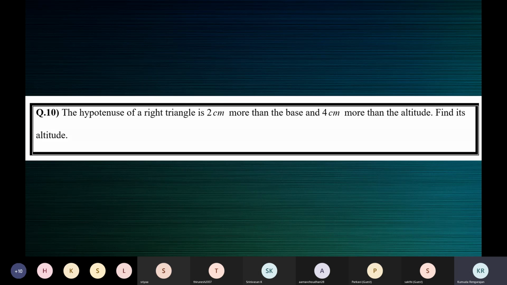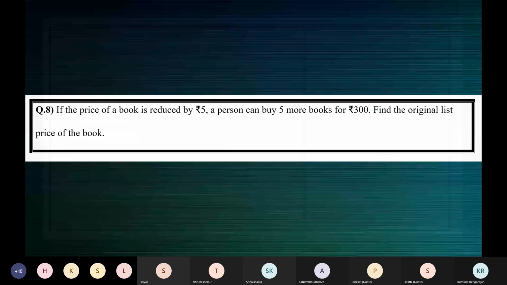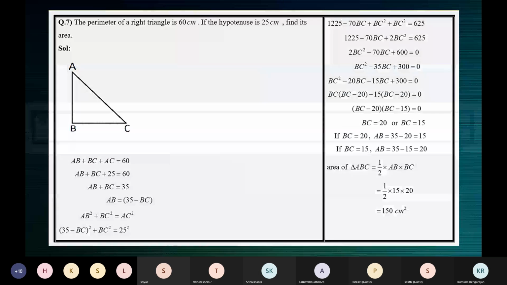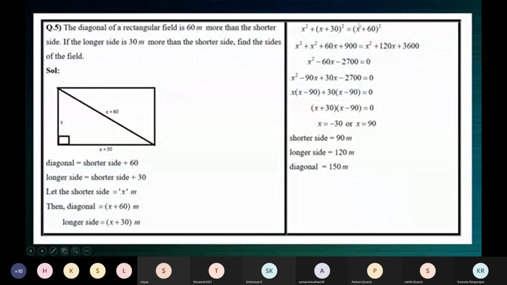Please do that for me in words like this. Diagonal is shorter side plus 60, longer side is equal to shorter side plus 30. I want such equations from this one.